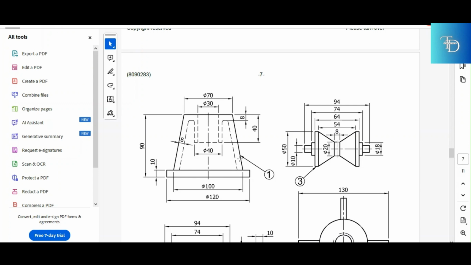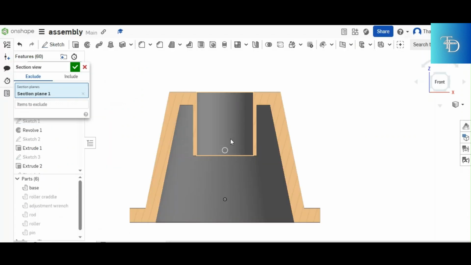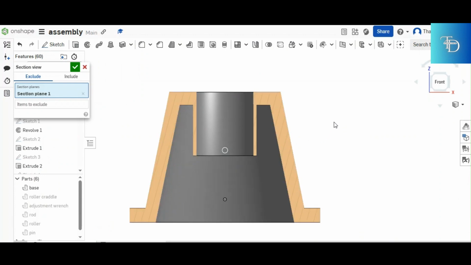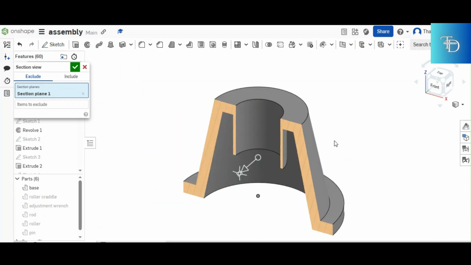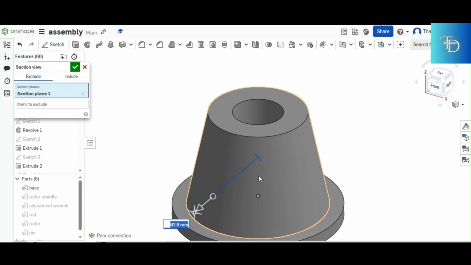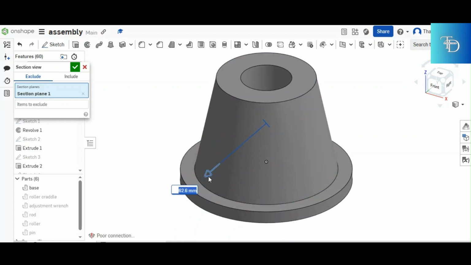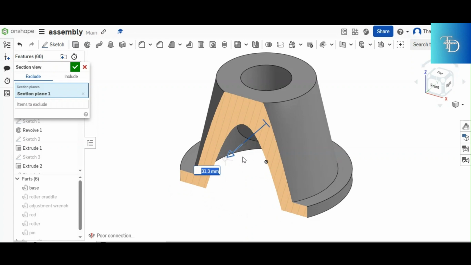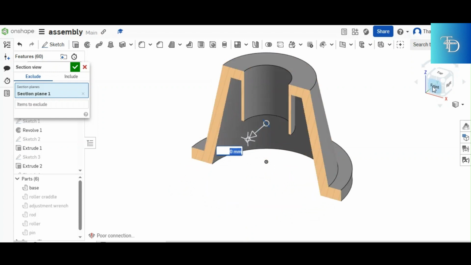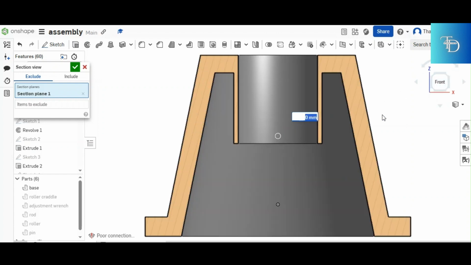But now, if the outer surface is cut off, it's gone. That is whereby you see the inside of the part, which is something like this, exactly like this. It's cut in half. You are left with the half base like this. If we take it back to original, it's like this, and then it was cut in half. Now you get to witness the front view of it like this.